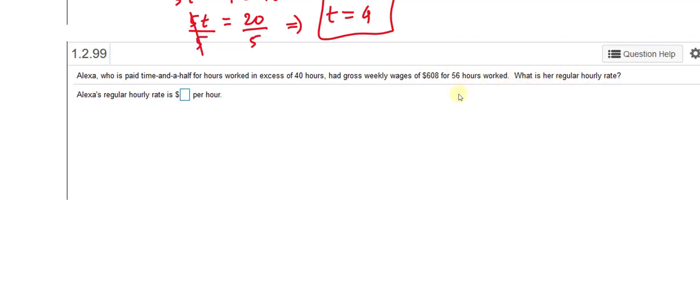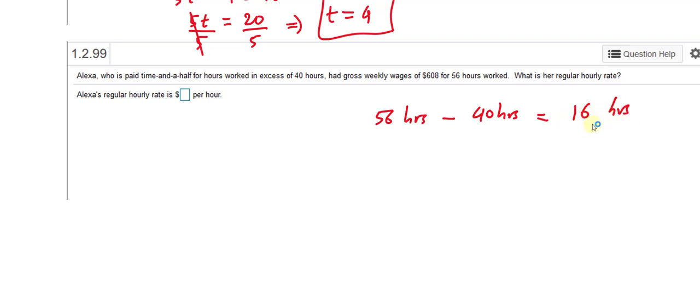Okay, so let's try. For 56 hours, this is the overtime compared to the normal regular 40 hours. So you have to subtract 40 hours, right? 40 hours. So you get 16. 40 plus 16, that is 56.